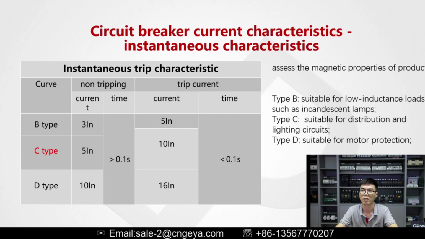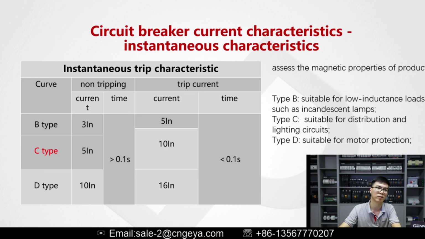So we have the B, C, D different types. And in the production, we have the non-tripping and the tripping current at different time and current to divide these MCB types. I will explain according to C type.